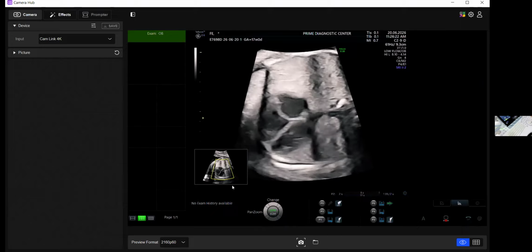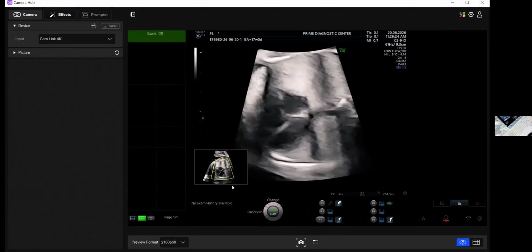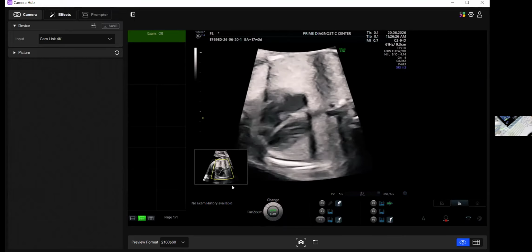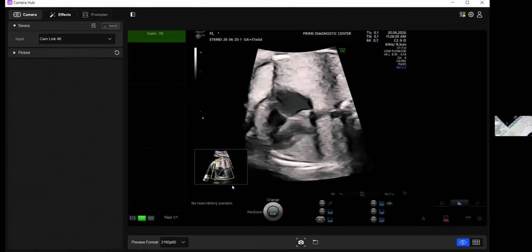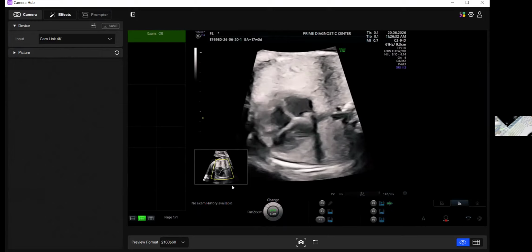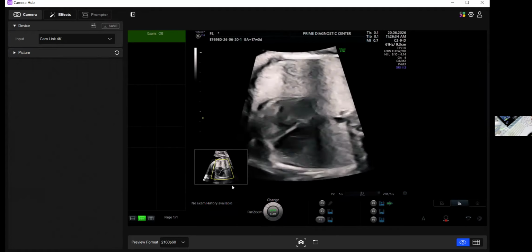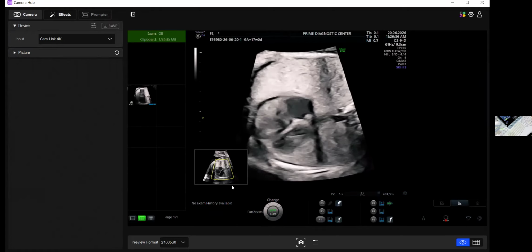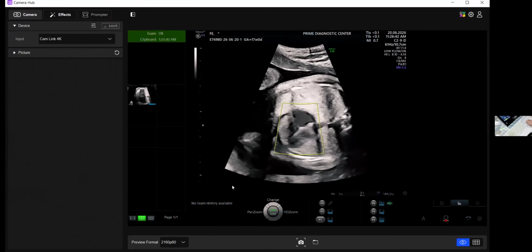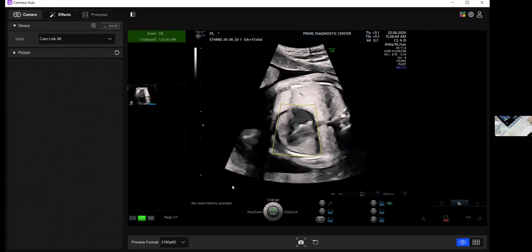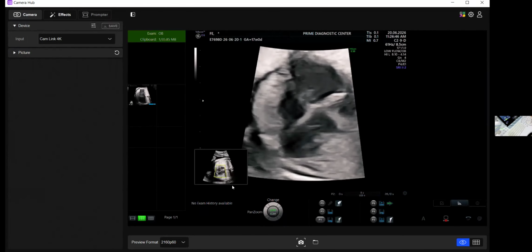And the RV is contracting well. And how do I know it is contracting well? I'll take a 2D sweep. Okay, maybe I take another one for a nicer view. Go to zoom this area a little more, and I take a clip.